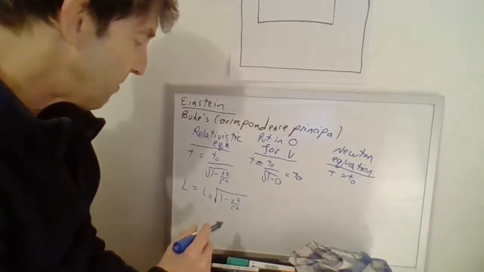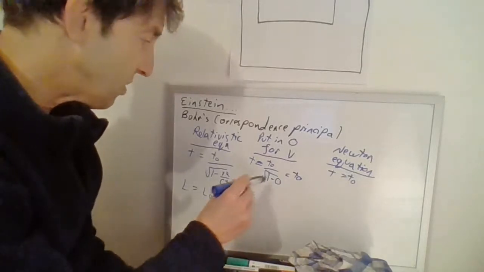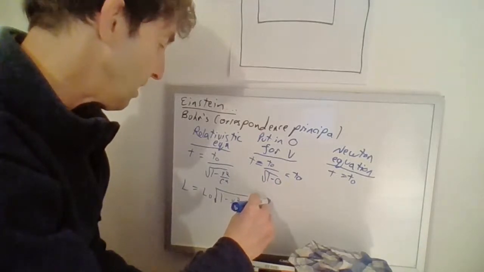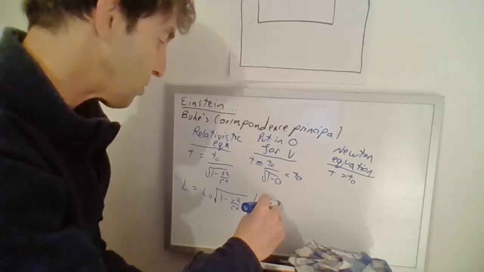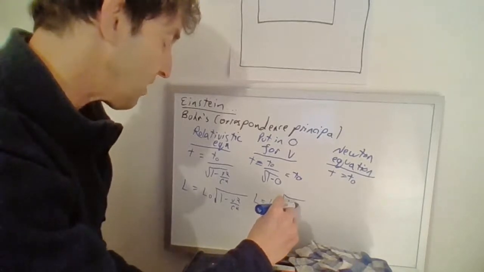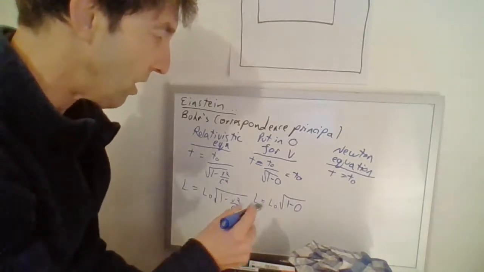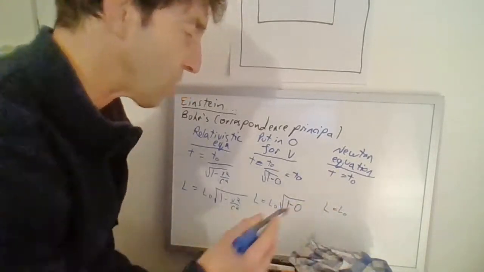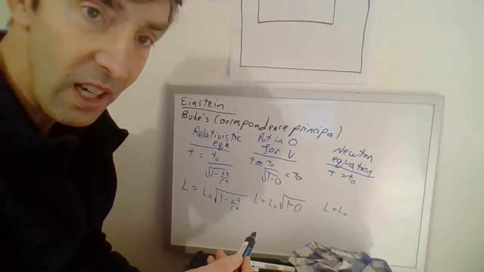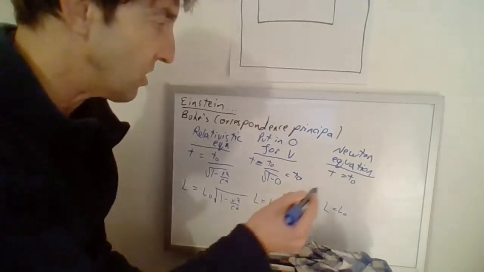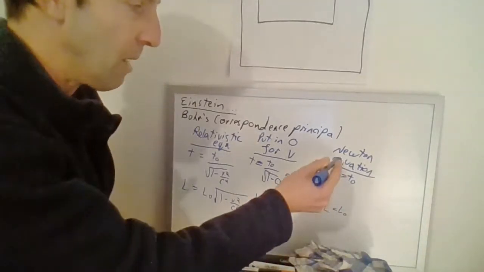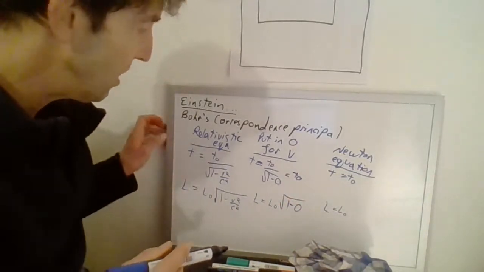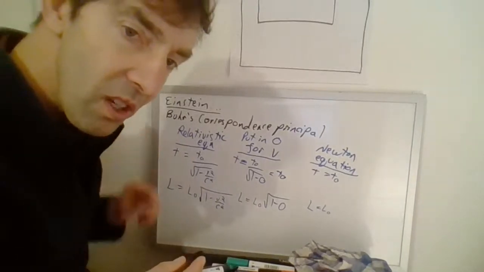Well, this time if I put in 0 for v squared, I get L equals L0 times the square root of 1 minus 0. Well, the square root of 1 is 1. So I get that the length is indeed the same as the original length, which is what we would say under Newton's ideas. It's essentially not much of an equation, but it's an agreement that it does follow Newton's laws.